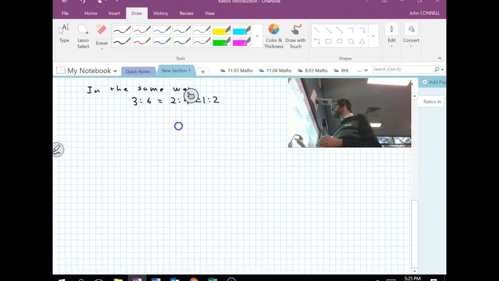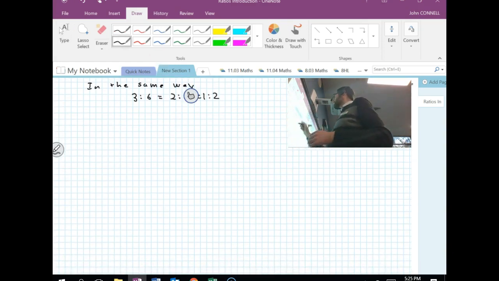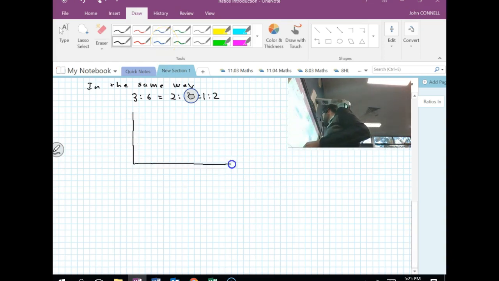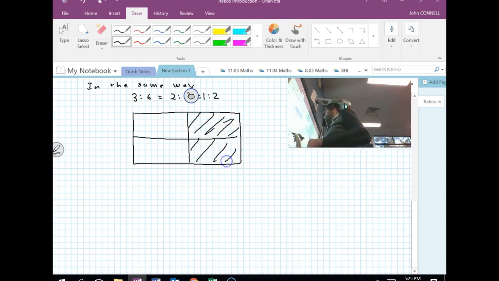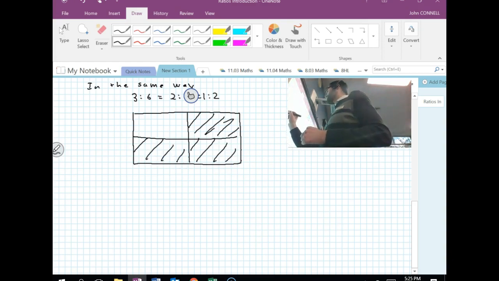For example, if I take this diagram that I drew before of my rectangle, split it into 4 and color 3 sections, that's the ratio of 1 is to 3. So the unshaded is 1 and there are 3 shaded parts.